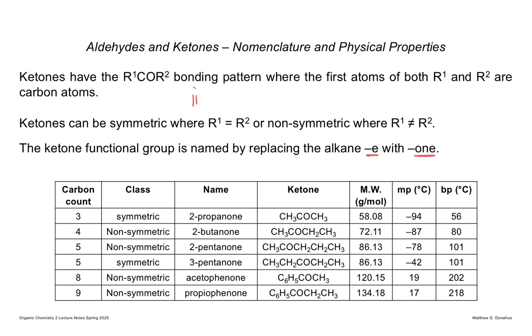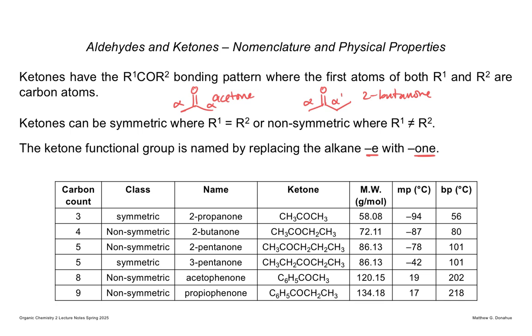So for example, this molecule, propanone or acetone, that's symmetric because both alpha carbons are the same. And if we have this one, this is 2-butanone. Now the groups bonded to the carbonyl are both different, so it's non-symmetric.